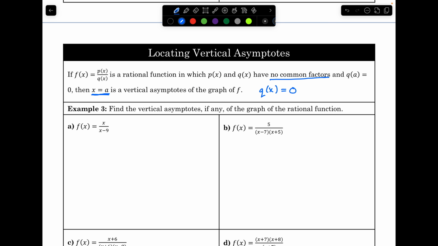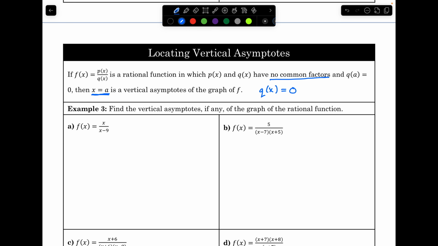So very similar to the way we identify the domain and figure out what numbers get excluded from the domain of the function, those numbers that we cannot use for x, those are going to be the locations where some of our vertical asymptotes are going to be located. I wouldn't say all, because again, the numerator and denominator cannot have a common factor.